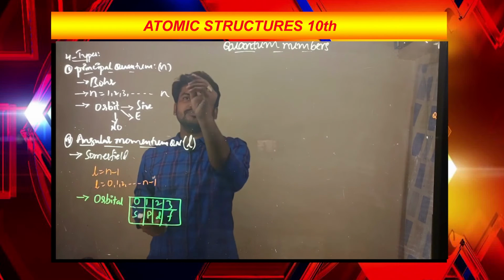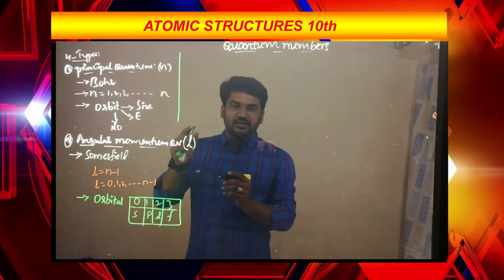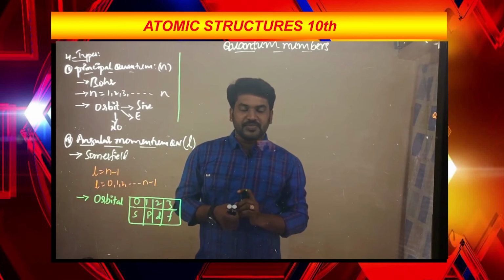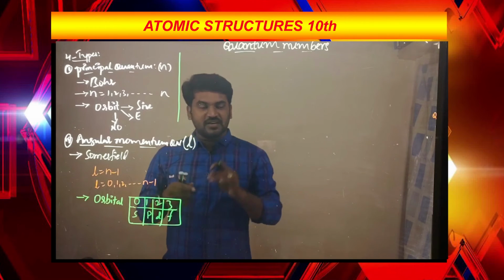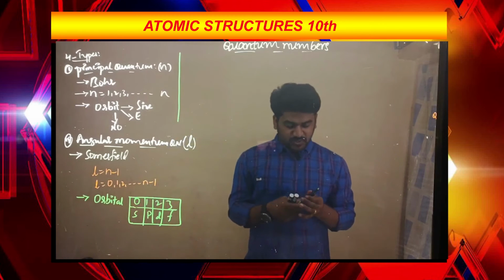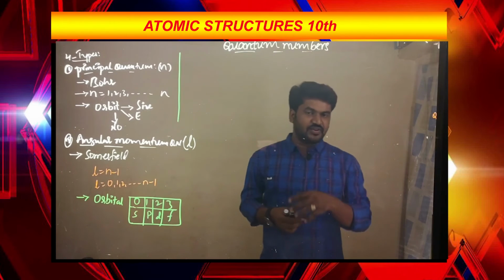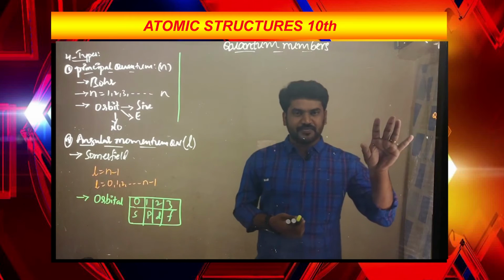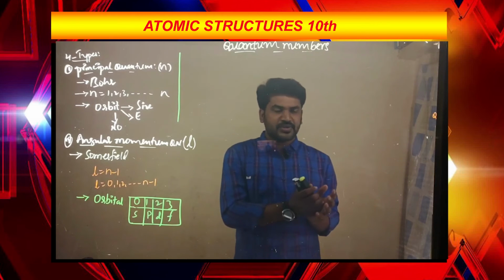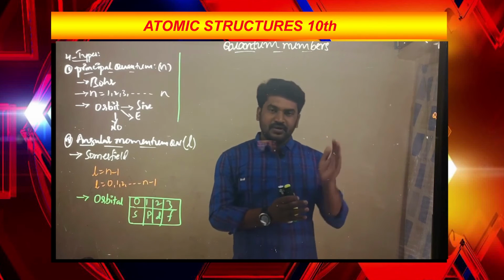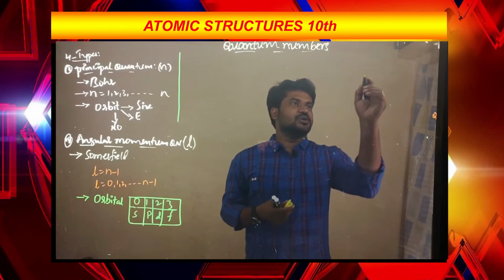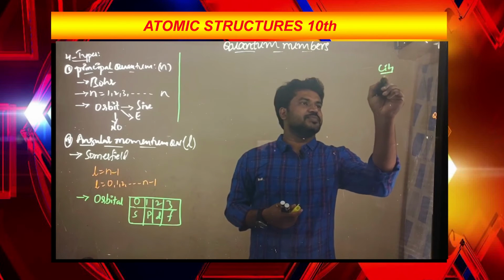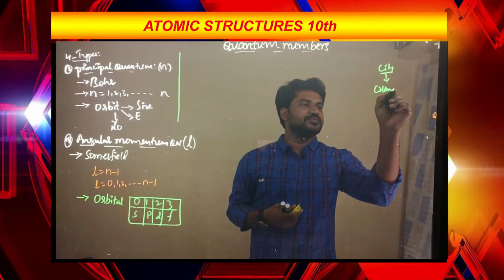We need to remember how many electrons and how many orbitals there are. As I told you at the start of the video, suppose in a city there are colonies.